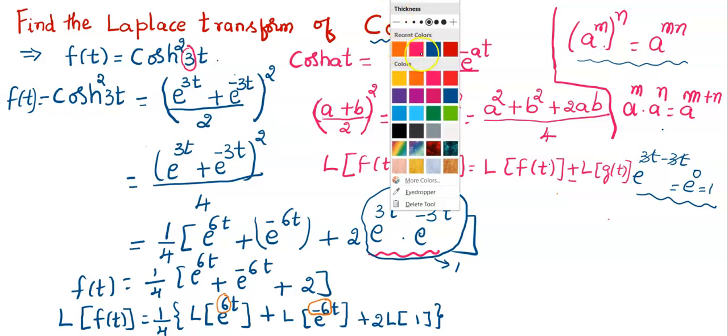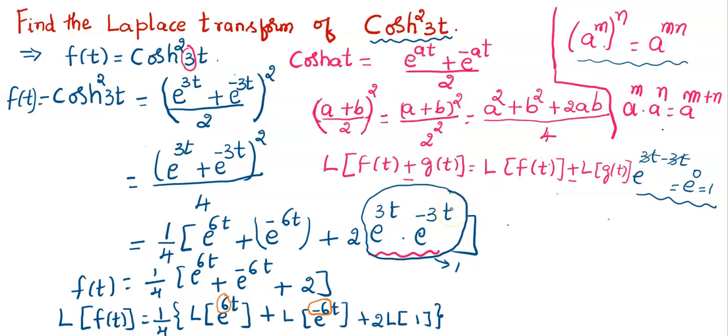So Laplace transform of e to the power of 6t is 1 over s minus 6, plus Laplace transform of e to the power of minus 6t, so 1 over s minus of minus 6, because here the a value is minus 6.